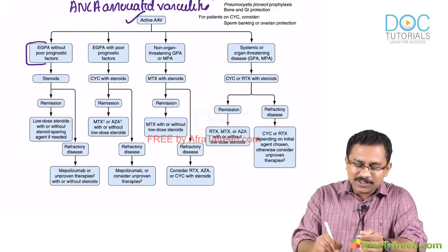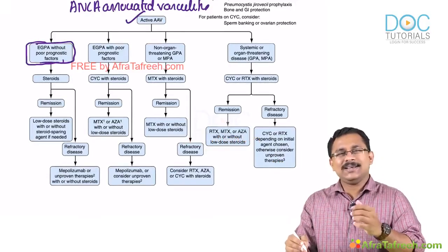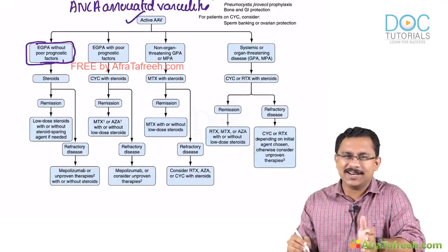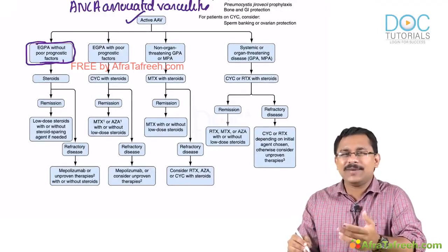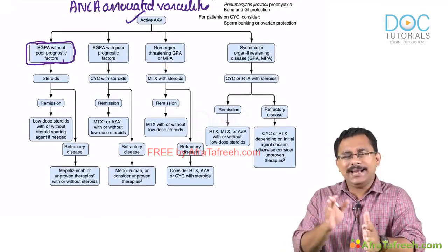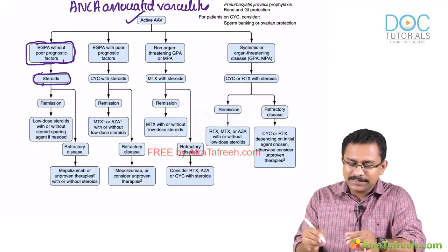So if the Churg-Strauss vasculitis is without poor prognostic factors, so recurrent asthmatic episodes, severe vasculitic ulcers, renal involvement, these are poor prognostic factors. So if there are milder attacks of asthma, then you can go for steroids.